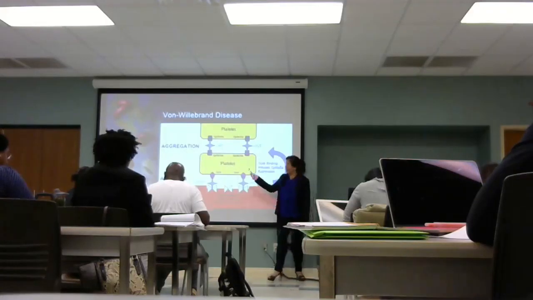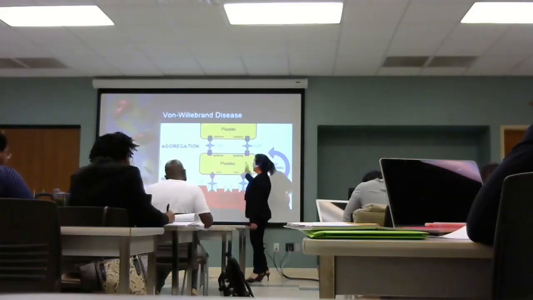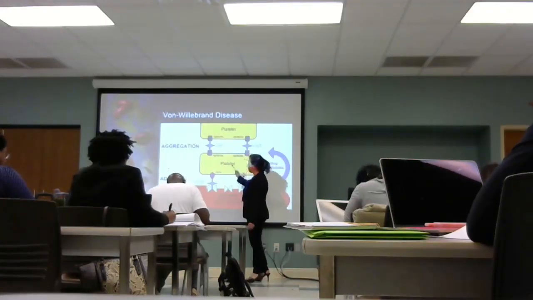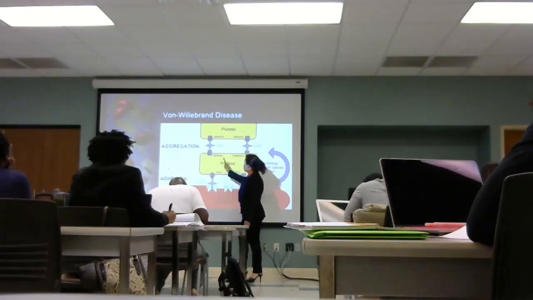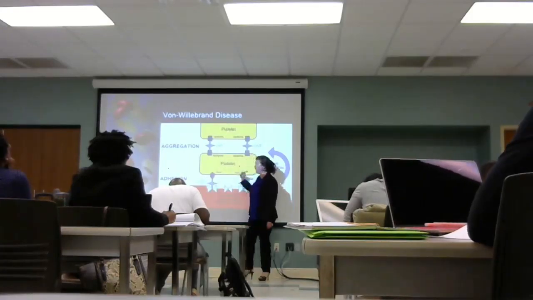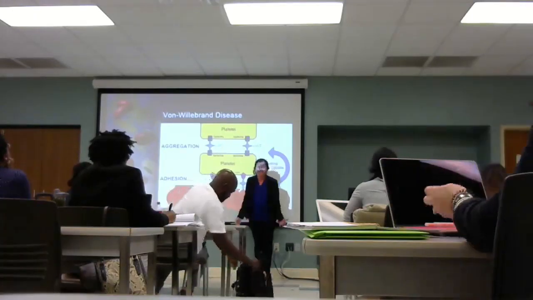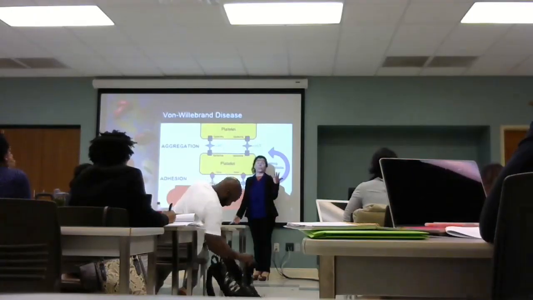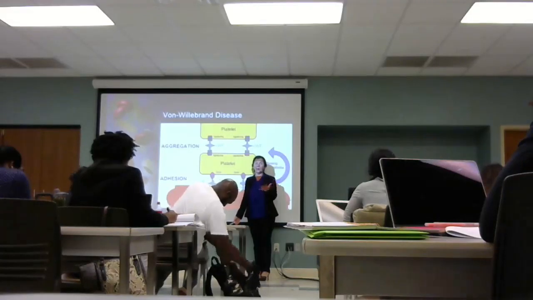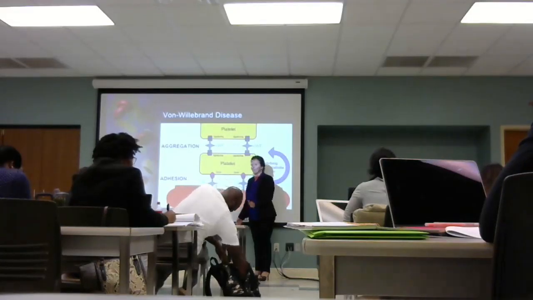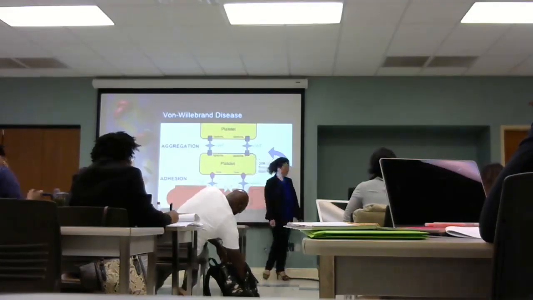As you can see here, what is necessary for platelet aggregation? Not only von Willebrand factor, but also glycoprotein 2B3A. Otherwise, if those two factors are not present, or one factor is missing, the platelet aggregation will be impaired.